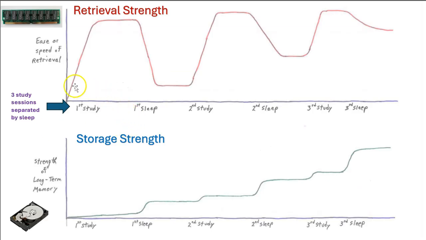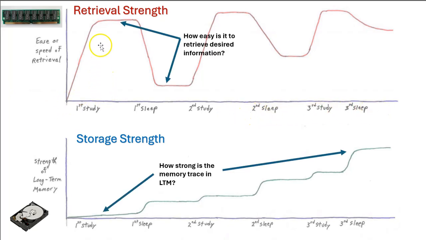All right, now we're going to use two graphs to follow these two concepts: retrieval strength up top, storage strength on the bottom. And notice on both graphs, the x-axis shows that we're going to have 3 study sessions separated by sleep. Now you'll notice then the y-axis up top here indicates the ease or speed of retrieval, so that's retrieval strength.